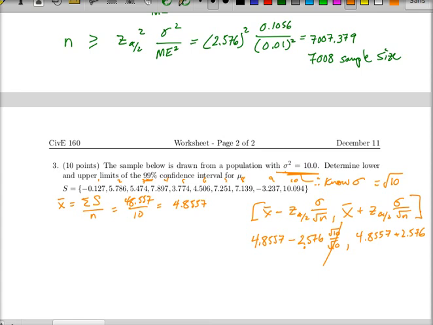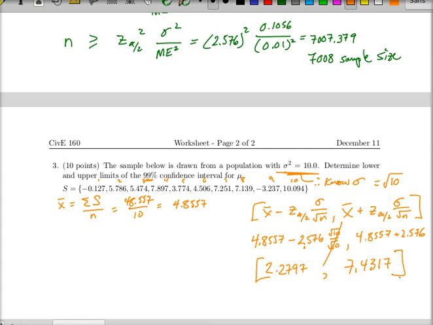Clear. 4.8557 minus 2.576 equals 2.2797, and 4.8557 plus 2.576 gives us 7.4317.